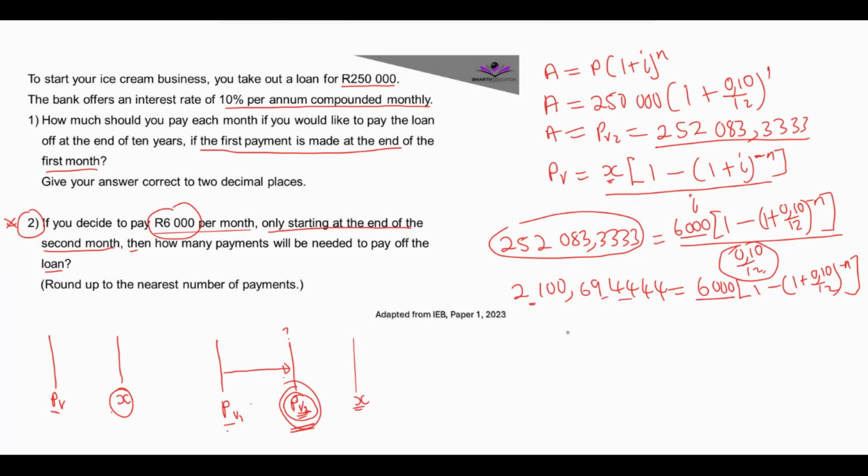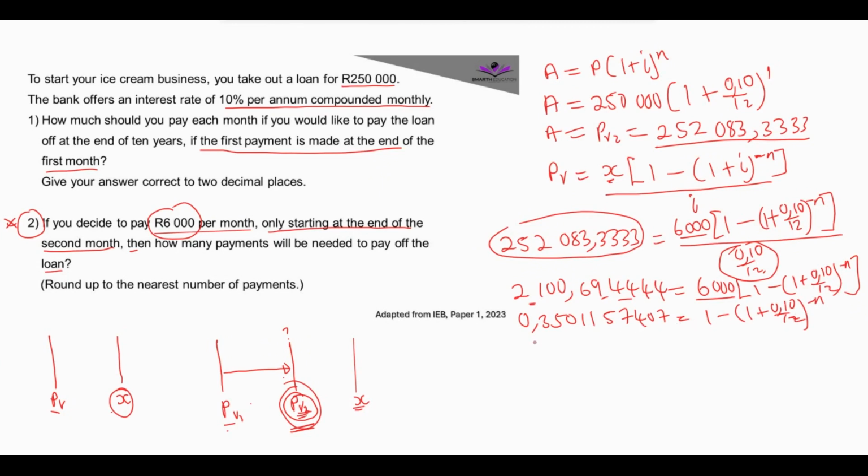You get 0.3501157407 is equal to 1 minus (1 plus 0.1 over 12) to the power negative n. Then subtract 1 from both sides.